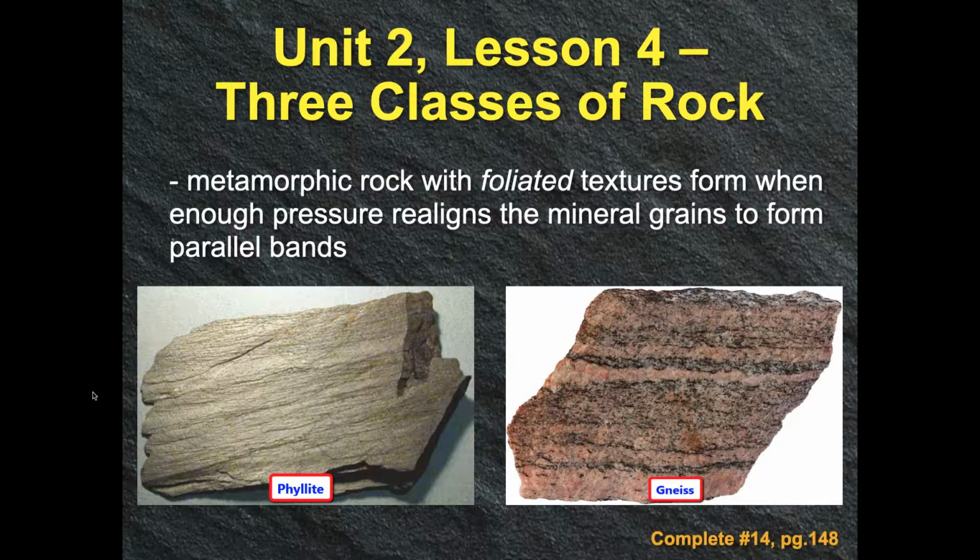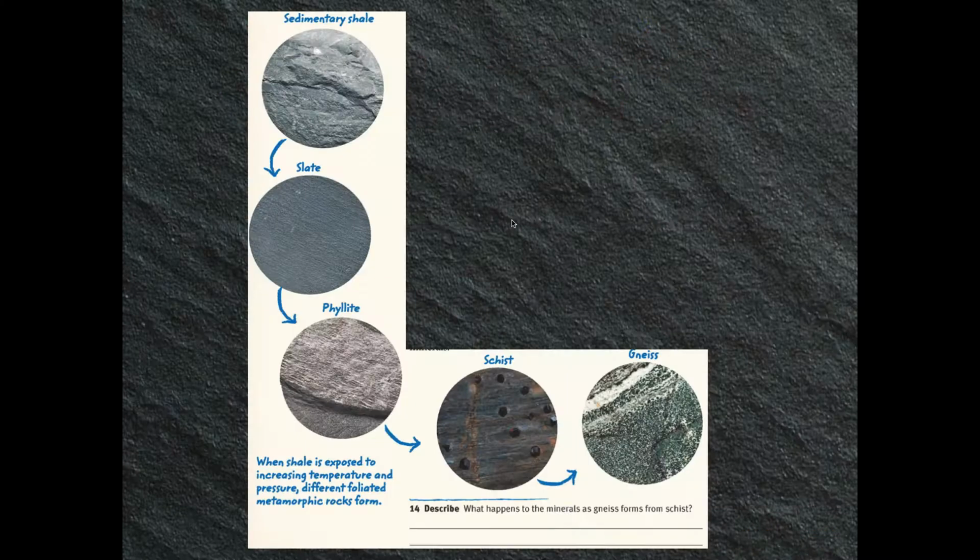Foliated is when there is enough pressure that it realigns the mineral grains to form bands. Look how you can see the bands. So that is a good example of a foliated metamorphic rock.